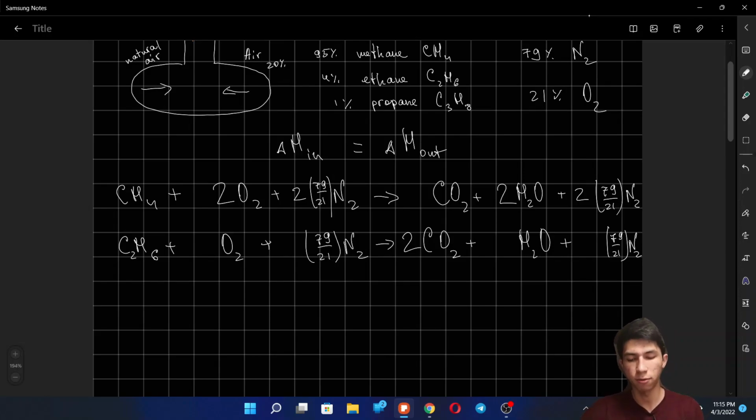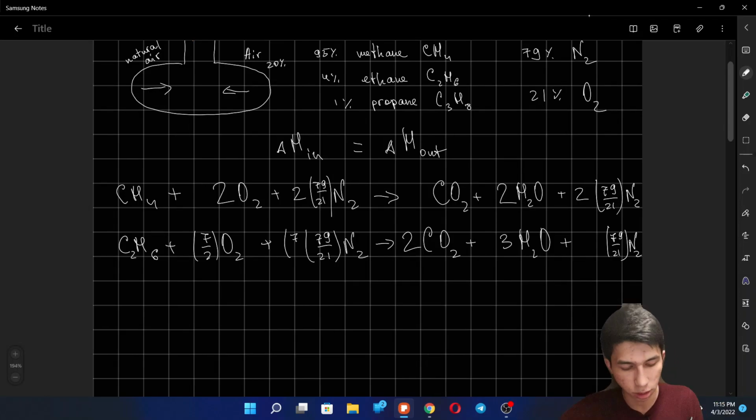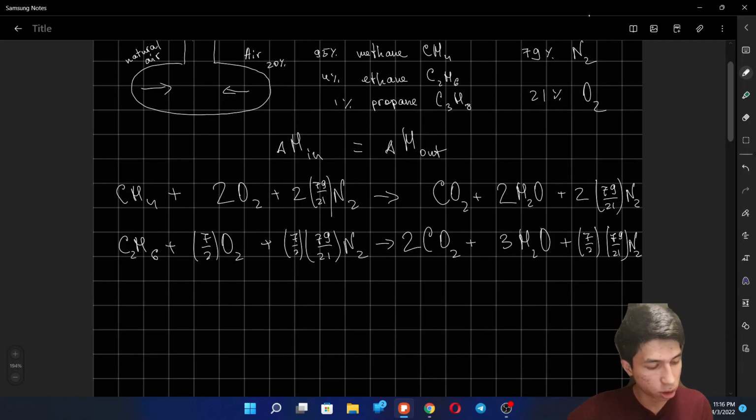The number of hydrogens is 6, so we put 3. The number of oxygens is 4 plus 3, so 7, and we don't have to make the coefficients integers, so we can leave it as 7/2. As the moles of nitrogen depend on the oxygen, we put 7/2 here and 7/2 here.